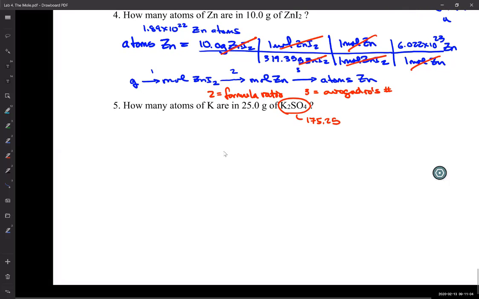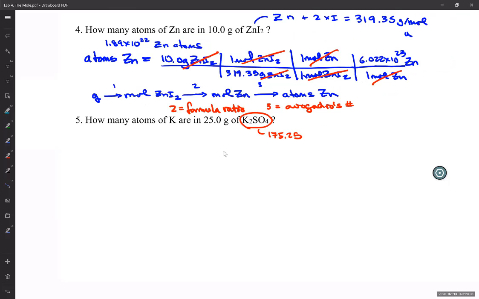Here's the thing. It's important to use units to guide yourself through these problems. Don't just try to remember, divide this by this, divide this by this, because when it comes down to it, you just won't remember all the different steps. Units are telling you what to do.